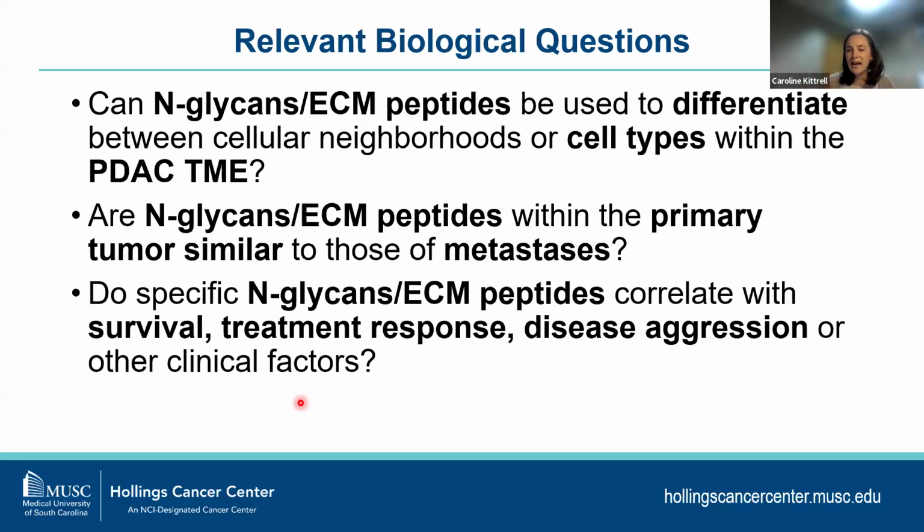And when we look at the metastases, the liver and lung metastases, do their N-glycomes or ECM proteomes look very similar to the primary pancreatic cancer, or do they look more like their native tissue of lung or liver? And then looking more broadly, more translationally, can we correlate specific N-glycome profiles or ECM proteome profiles with clinical outcomes such as survival, treatment response, disease aggression, et cetera?